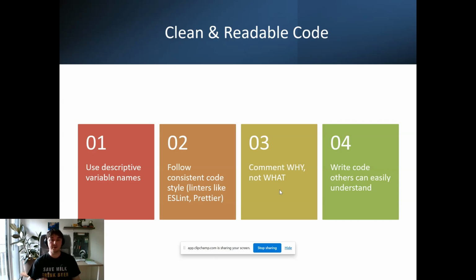Then you need to write comments sometimes, but first of all, do not overcomment, and not every single line needs to be commented. And when you write those comments, you have to describe why something was done and not how it was done. So if your comments just repeat the next line, so you have a comment for each element in array, and on the next line you have a for each loop, it doesn't really make sense.